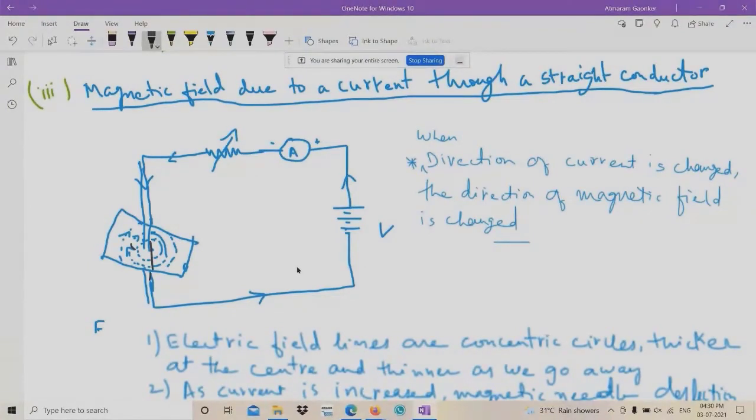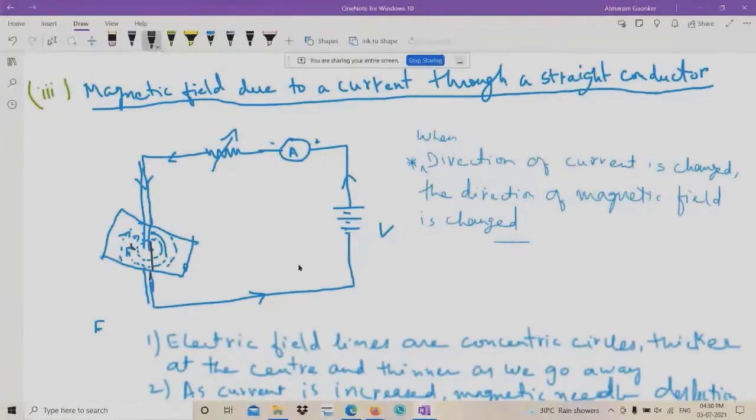That means near the conductor the magnetic field strength is more, and as we move away from the conductor, the magnitude of the magnetic field becomes lesser and lesser.